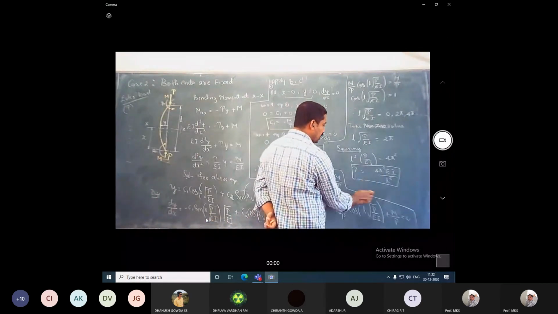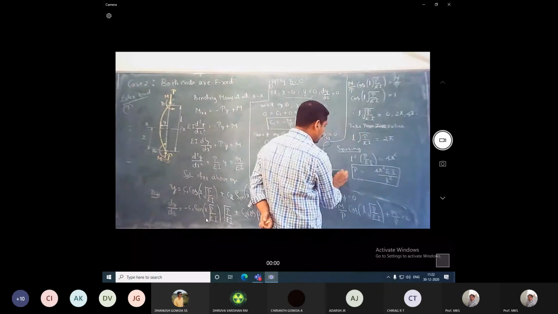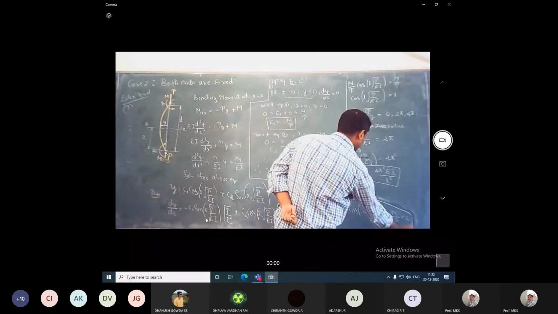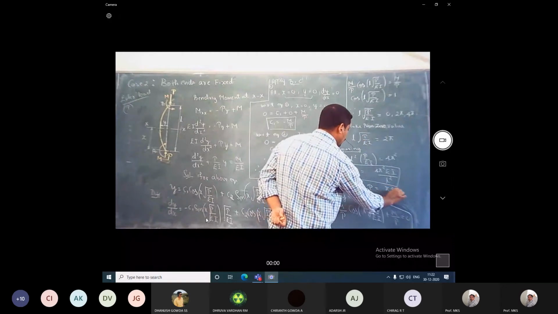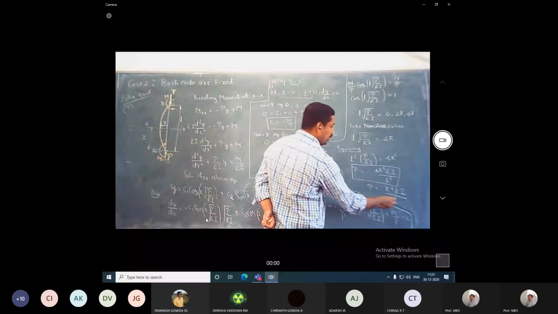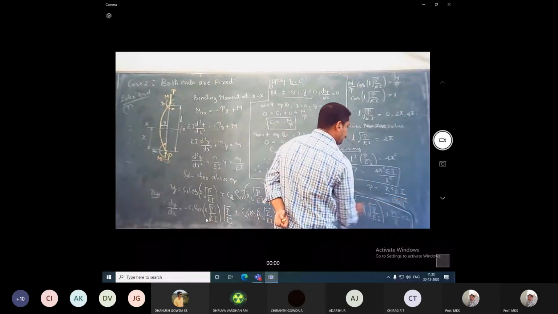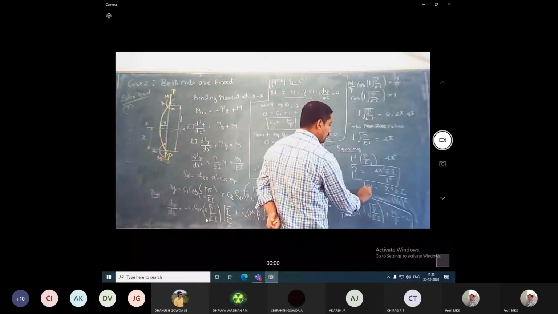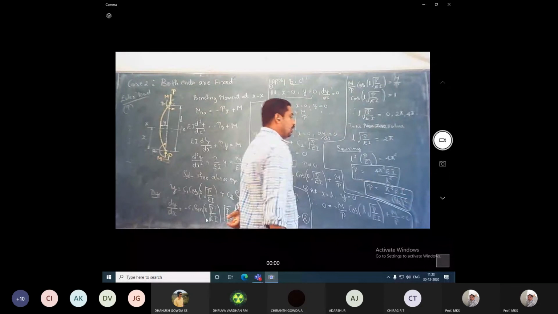Or you can rearrange and write P as pi square EI, taking this 4 to the denominator, so it is L by 2 whole square. So this is the final expression that you can find in books.